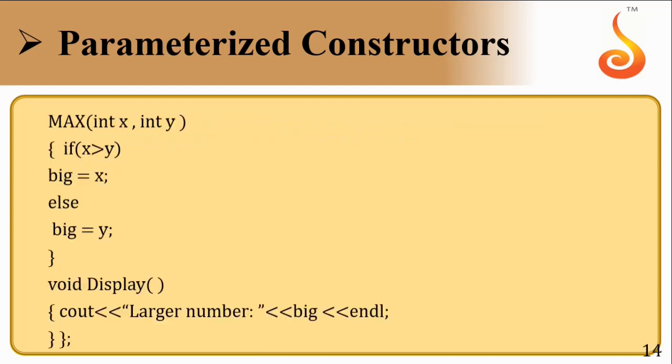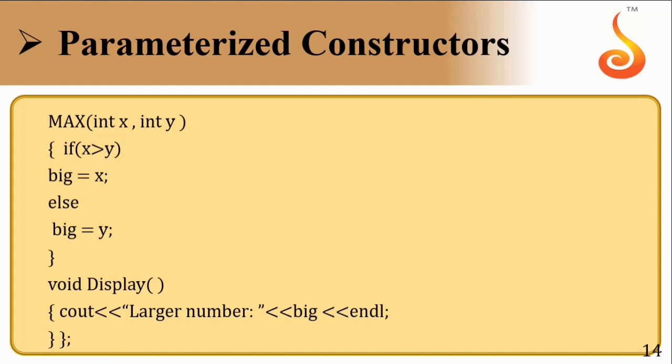In the public section, I have a parameterized constructor. How can I say this is a constructor? Because the function has the same name as the class name. Max was the class name and the function name is also the same. It is declared in the public section of the class. It does not have any return type.